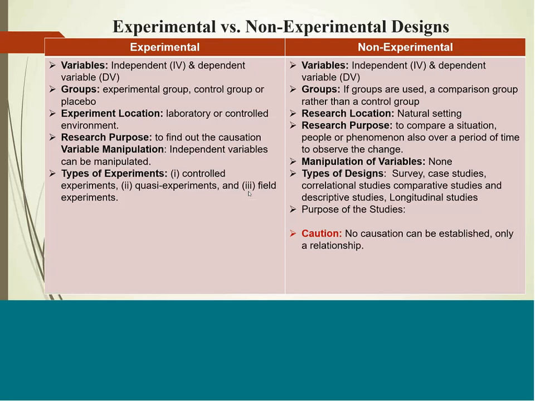Important pieces of the experimental are the variables. You have an independent and a dependent variable, at least one independent. You have groups, an experimental group, a control group or placebo, and then you have an experiment location. And the purpose is to follow causation, pretty much, in experimental research.